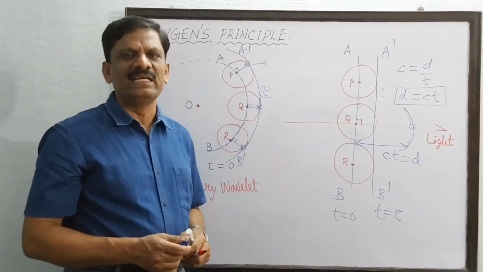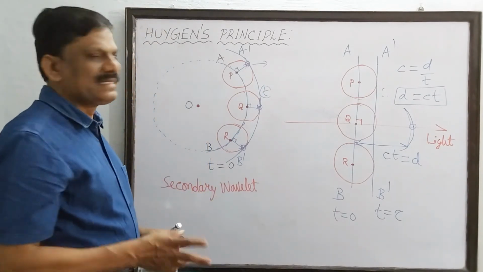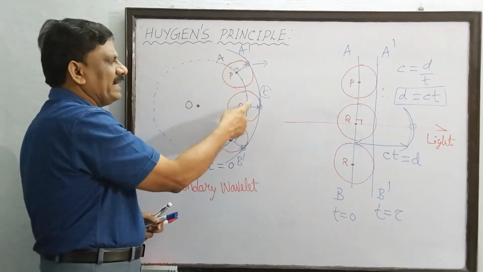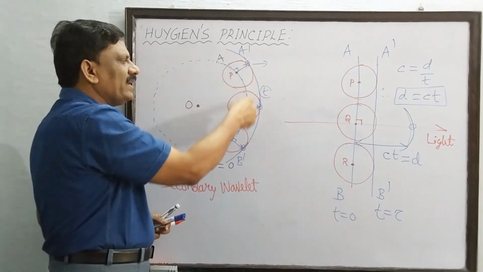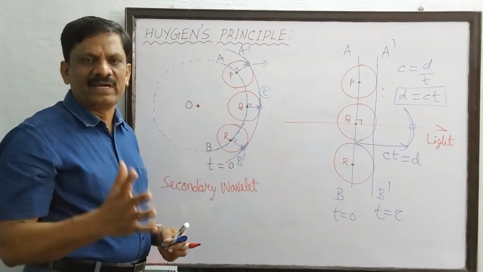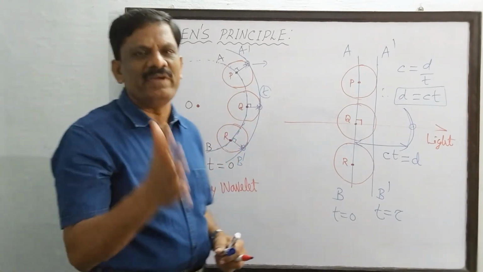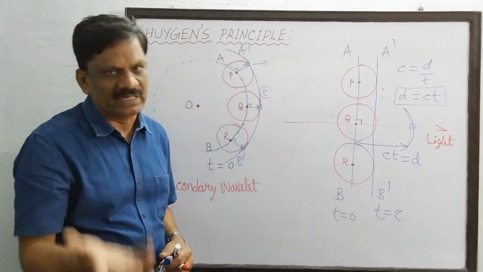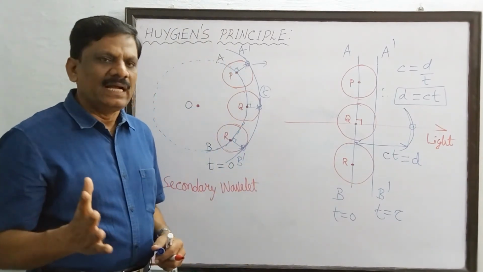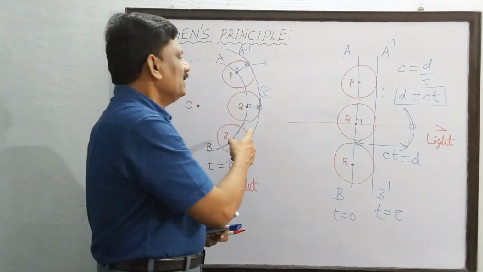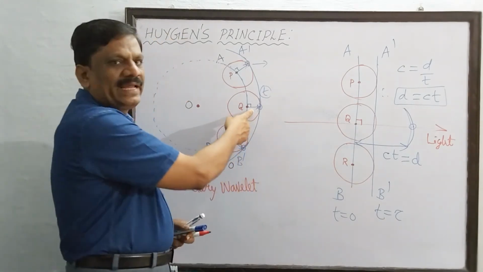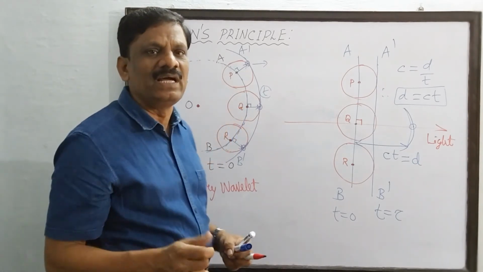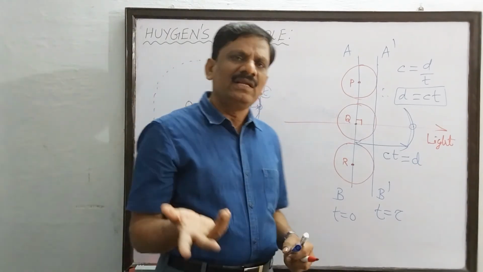Now the second point is the forward envelope of all the secondary wavelets gives a new wavefront, and the new wavefront is called a secondary wavefront. And also we come to know that the direction of propagation of light will always be perpendicular to the wavefront, whether it is a spherical, cylindrical or plane wavefront.